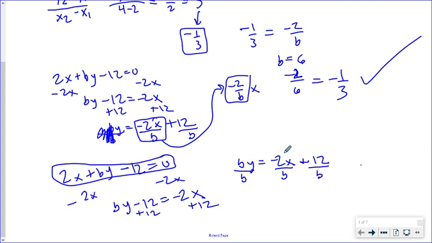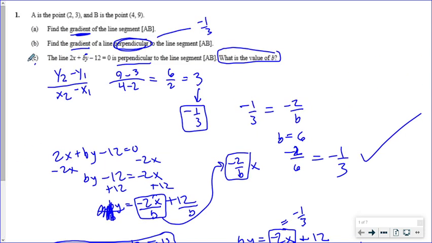So now look what we have here. Important, this is where we get our slope from. We already know that the slope is supposed to equal negative 1/3. So if we have negative 2 over b here, this has to equal negative 1/3, what we got in part B up here.